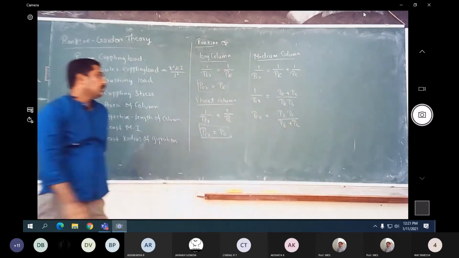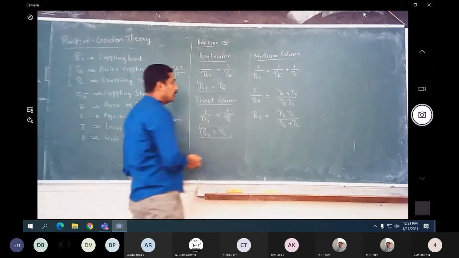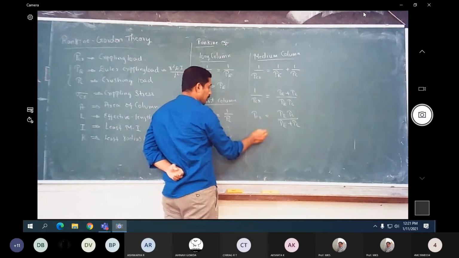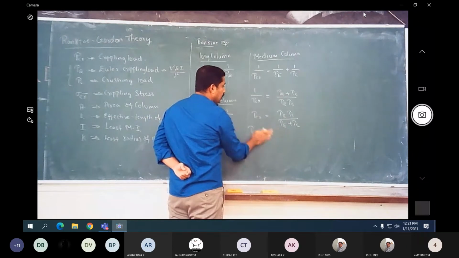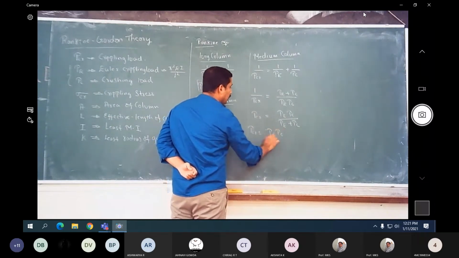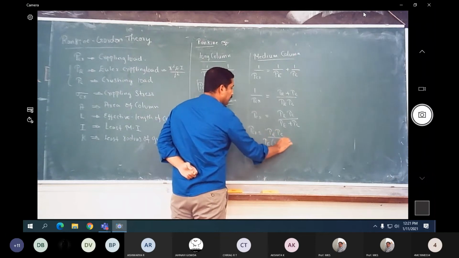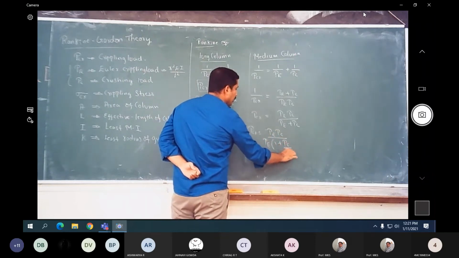Right? So next, you can take 1 by PE outside, and you can reduce this equation. When PE is taken outside, here it is 1 plus PC by PE.